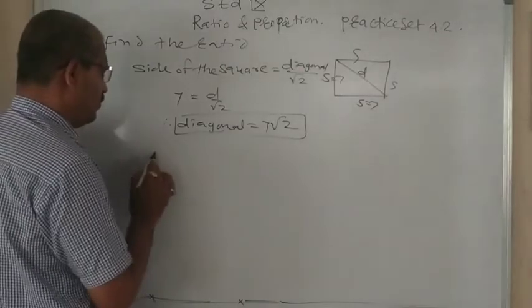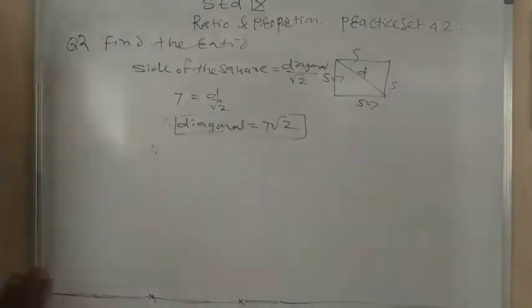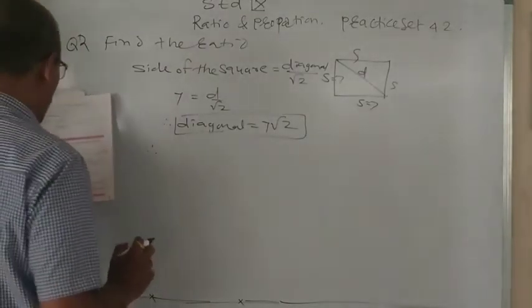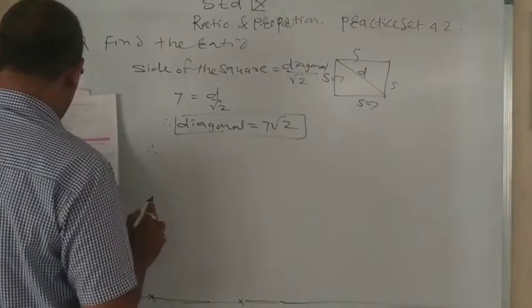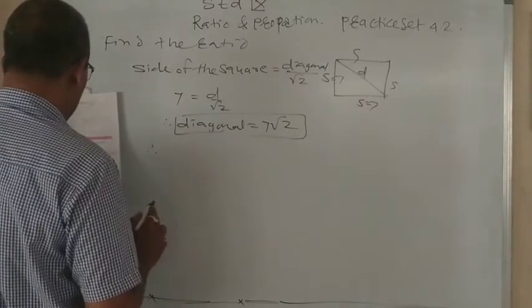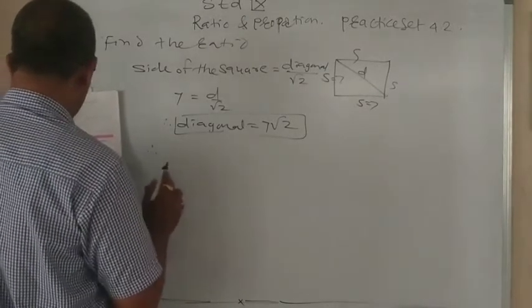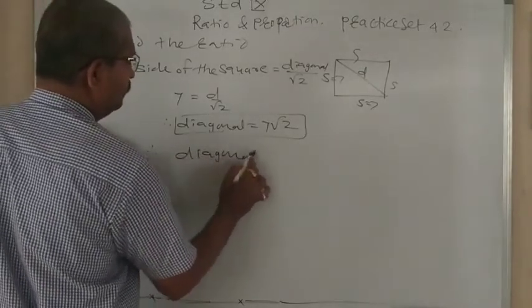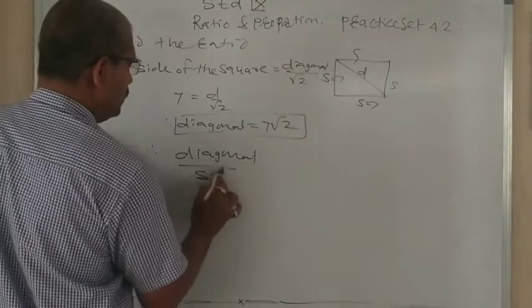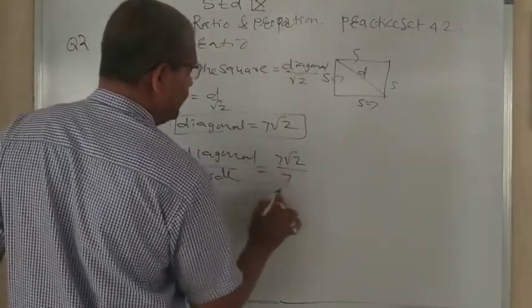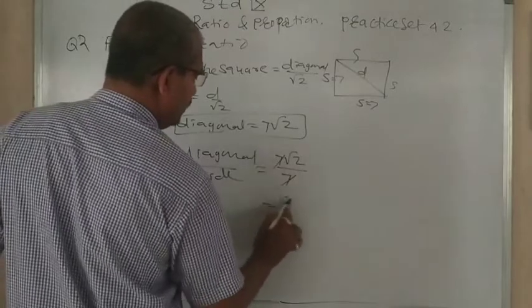Now what is the ratio asked? The ratio of diagonal of square to its side, means diagonal upon side. Diagonal is 7 root 2 and side is 7. 7 cancels.